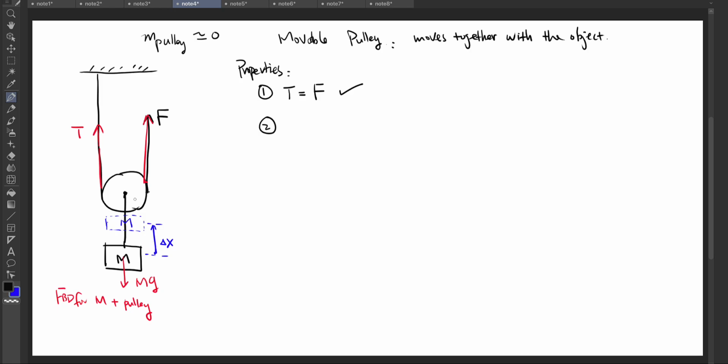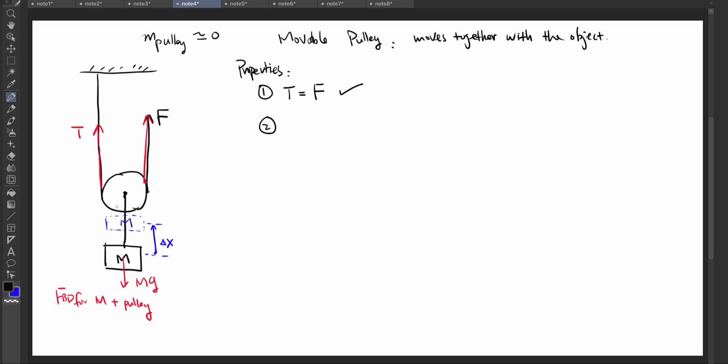Displacement. Okay, now what will happen here to the string that we need to pull? This pulling force needs to pull out. Okay, what's the length of the string that one needs to pull out? So the left string needs to be shortened by delta x, right?